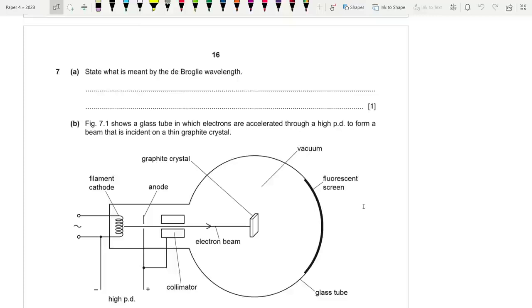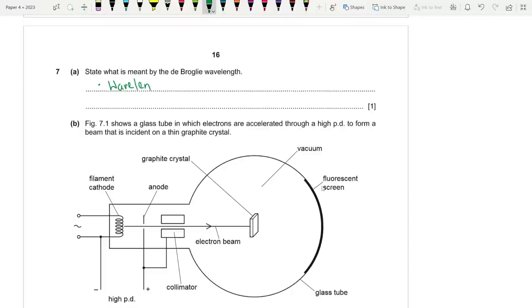And there's another relationship between wavelength and momentum. All moving particles have a wavelength. The wavelength associated with the moving particle is called the de Broglie wavelength. So the relationship is lambda equal to h by p. That means they are inversely related. So let's write down the answer.